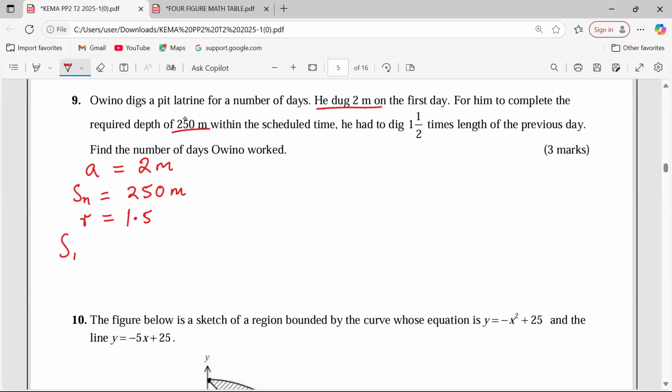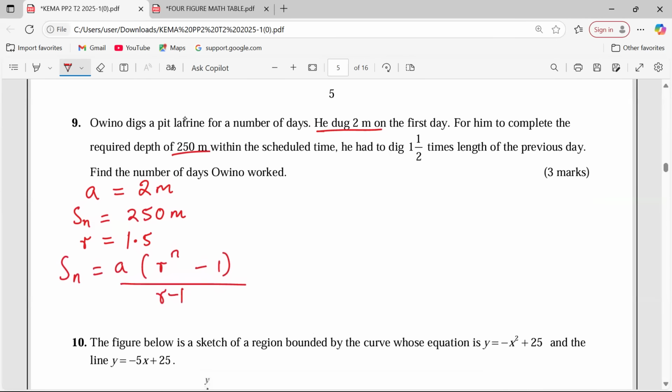Therefore, the sum of n terms is usually given by the first term into r power n minus 1, divided by the value of r minus 1. That is the formula for the sum of a given number of terms when the progression is geometric.